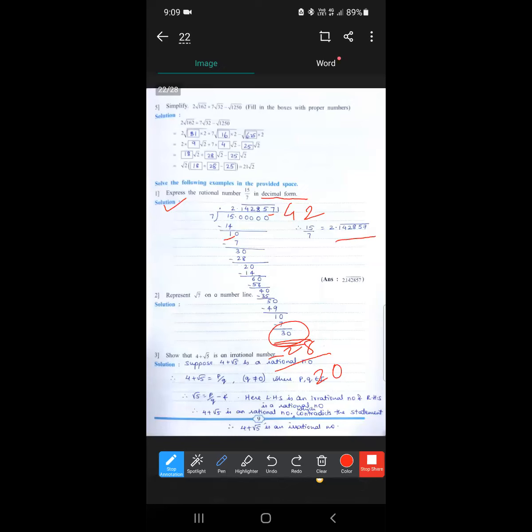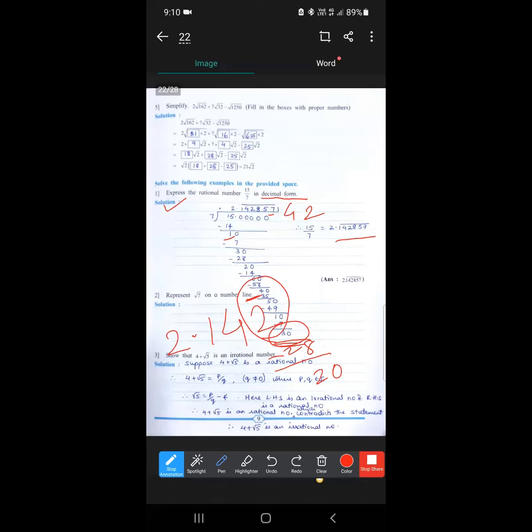That means those digits are recurring. When I say that my answer is 2.14, that means none of the digits is recurring and the remainder is 0. But when I say 2.142 and on the 2 I put a bar, that means this digit 2 is repeating, it is recurring.